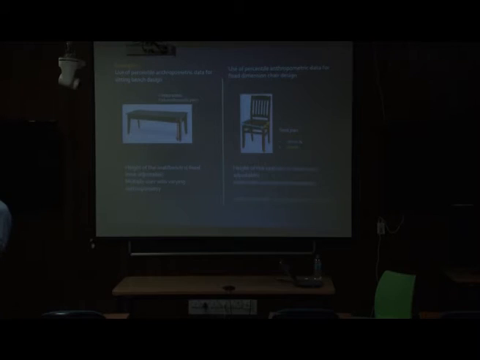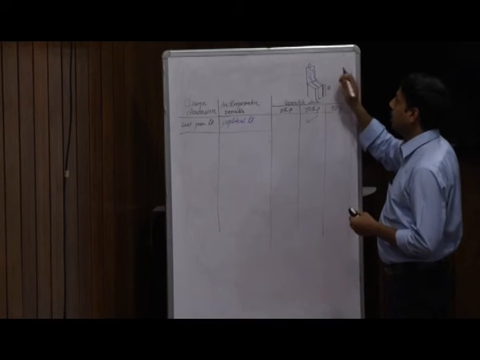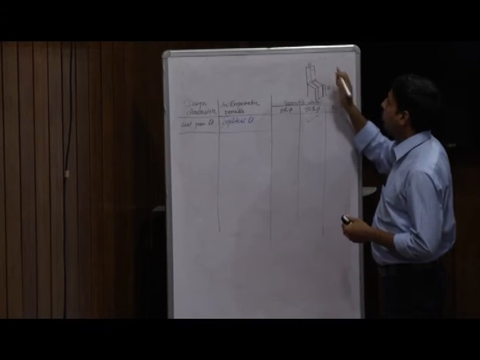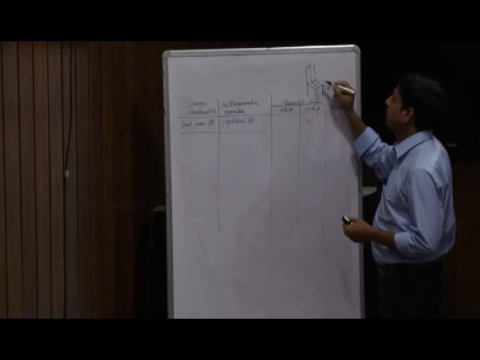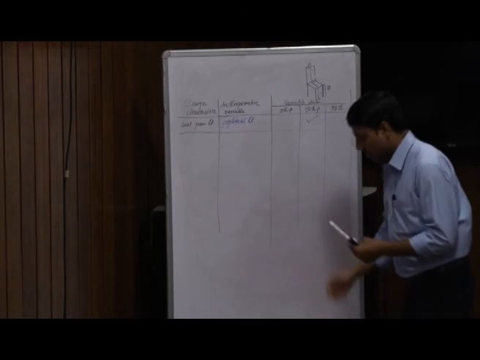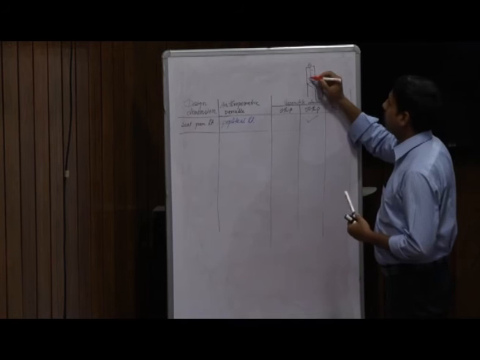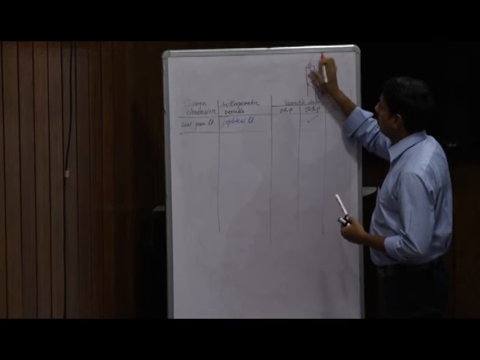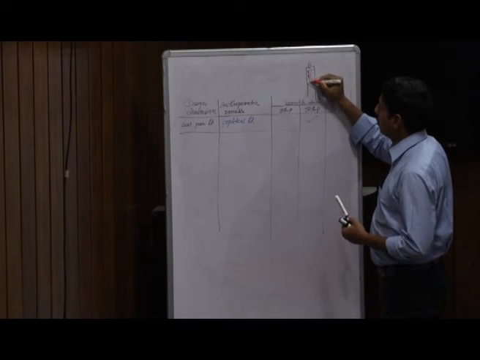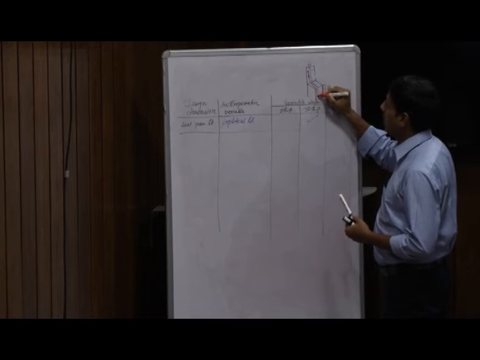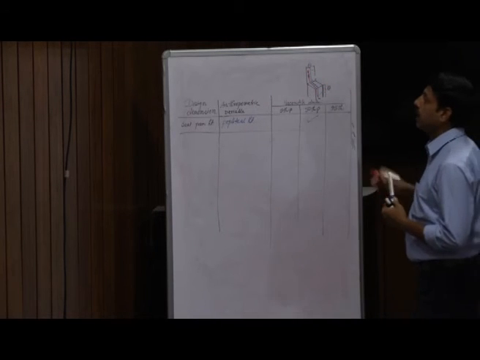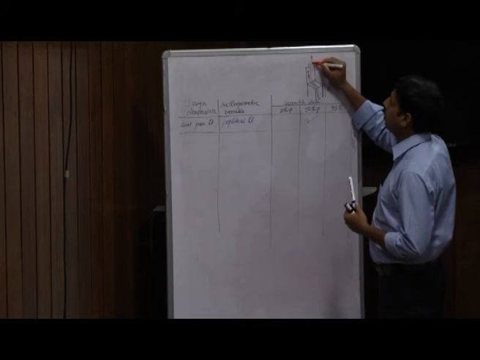But for students with lower percentile, what will we do? We will make a footrest. If we put a footrest, then a student of, say, 5th percentile can sit keeping the leg on the footrest. On the other hand, for 95th percentile, what will they do?